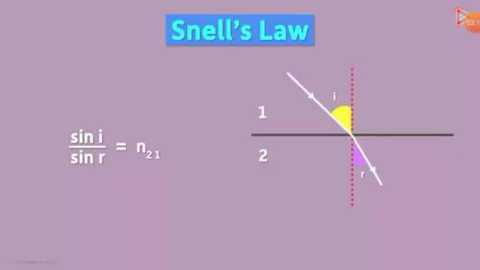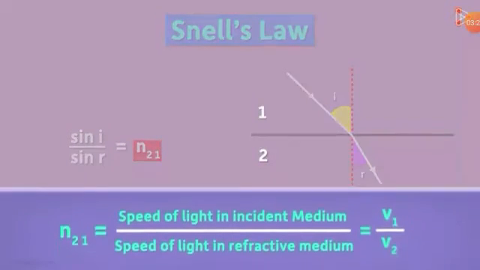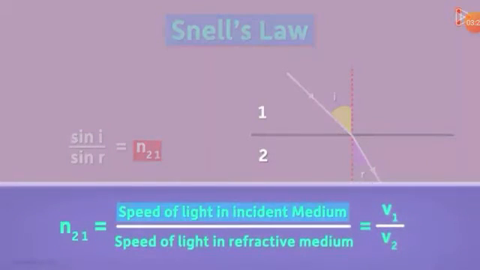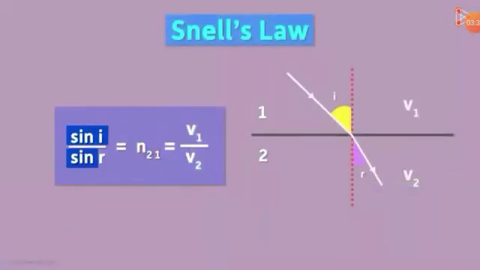It means sin i upon sin r will be n2 with respect to 1. It means that both the angles will be in a constant ratio, which equals v1 upon v2.